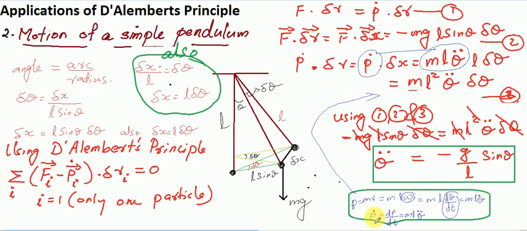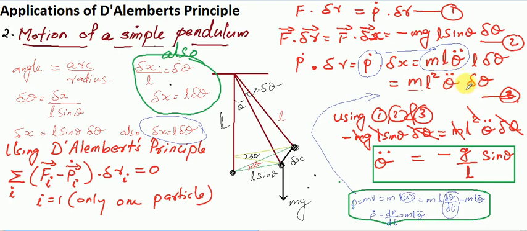Now what is P dot? P dot is dp by dt. So we again differentiate that. So we get m L d theta dot by dt, that you can write as m L theta double dot. So that is how this expression for P dot dot delta Ri equal to P dot dot delta x, that is equal to m L theta double dot, and delta x is replaced by L d theta. From here, delta x is equal to L d theta, that is m L square theta double dot d theta.